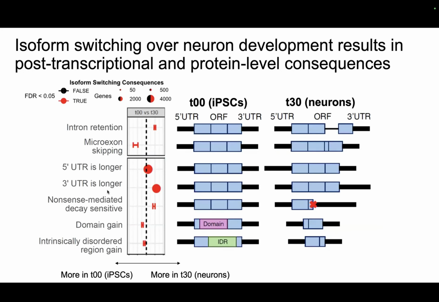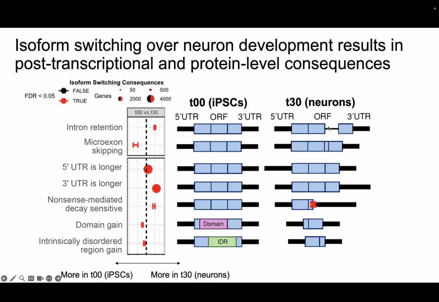So in general, across all of the isoform switching events that we've detected, we see lots of examples of significant changes both to the non-coding structure of the isoforms, like their UTRs, as well as changes that actually change the proteins pretty drastically. So I've already highlighted in my prior example 5' and 3' UTR changes, as well as domain gains. Some examples which I'll briefly highlight here are, in neurons, we tend to see greater intron retention.